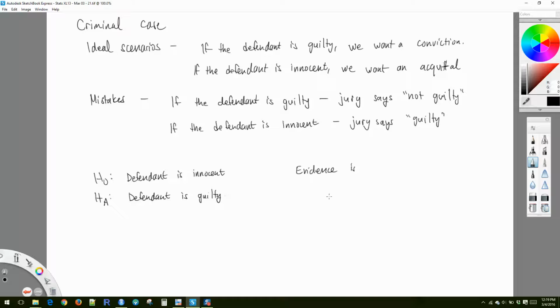So evidence and data are always used to support the alternative hypothesis, okay?